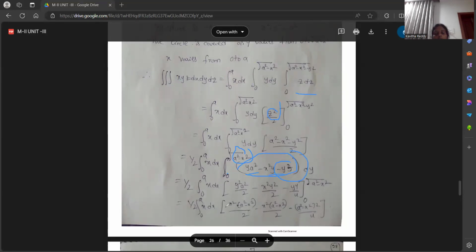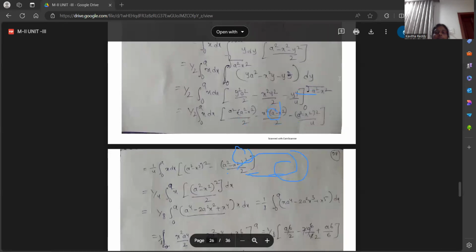Apply the limits, then what you'll get is (a squared minus x squared) whole squared by 2, then 1 by 4, the integral from 0 to a of x times (a squared minus x squared) whole squared dx.